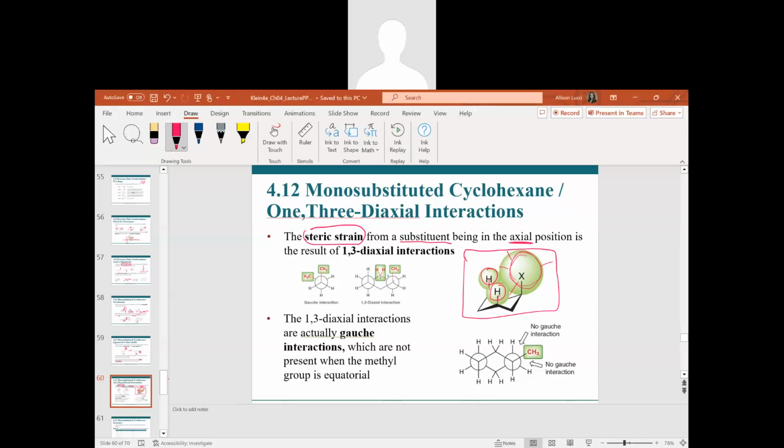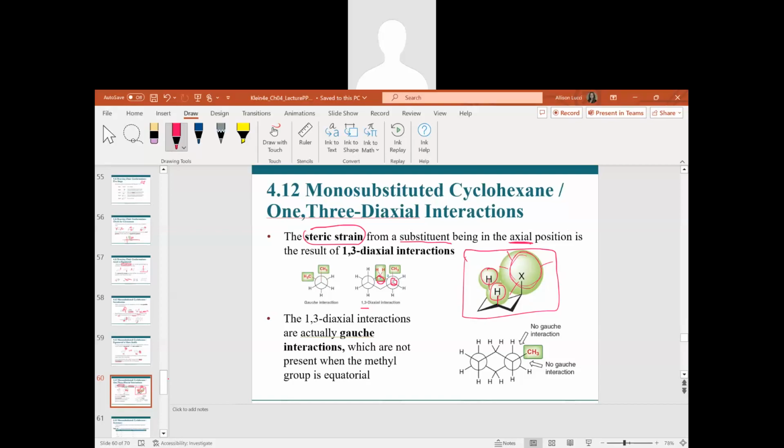So we can see this 1,3-diaxial interaction occurs within our ring from hydrogen atoms on carbon 3, and then say we have a methyl substituent on our carbon 1. That's where we would end up with that name from. On carbon 1, the methyl group; on carbon 3, those two hydrogens. And we can see this illustrated in the boxed-in structure as well, this kind of steric strain from a substituent.